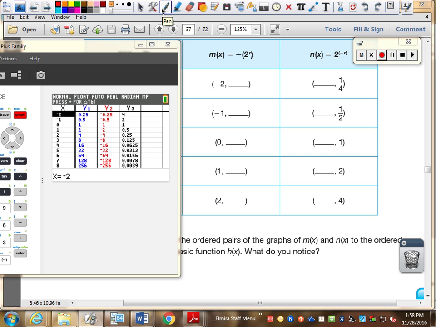For m of x, that's the red function in the middle, I'm given the x value of -2, the y value is -0.25. -1 is -0.5, 0 is -1, 1 and -2, 2 and -4. And then we're out of them.